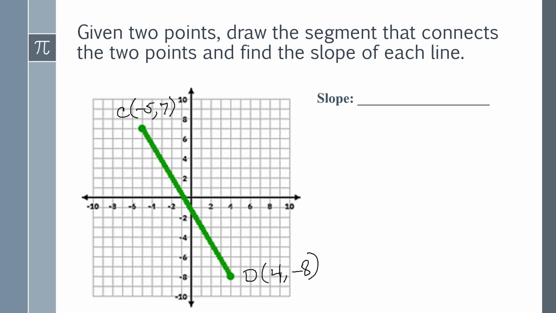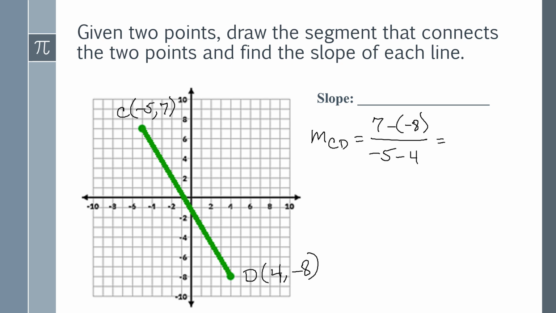So we'll just go from C to D because I just feel like doing that one today. So we're going to subtract 7 minus negative 8. Notice I put negative 8 in parentheses because this helps eliminate mistakes, over negative 5 minus 4.